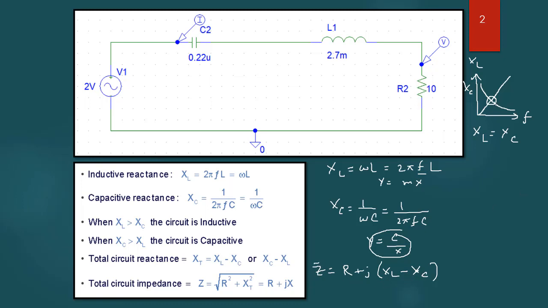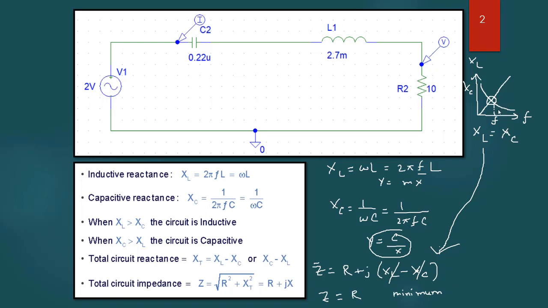At this specific point, the magnitudes of XL and XC are exactly equal. If we put this value in the equation, XL and XC will cancel each other, so our total impedance will be only the resistance. So, at this specific frequency, the value of Z will be minimum, because there will be neither capacitive reactance nor inductive reactance. The overall impedance will be the lowest.